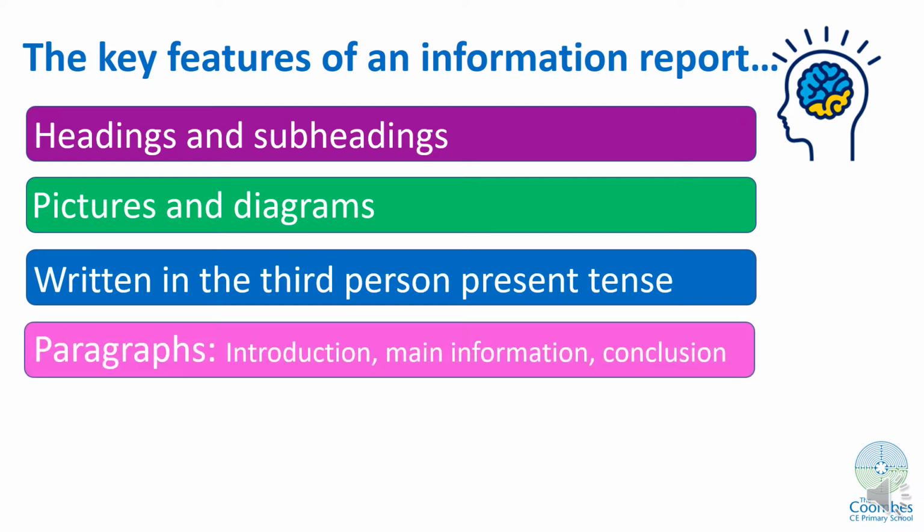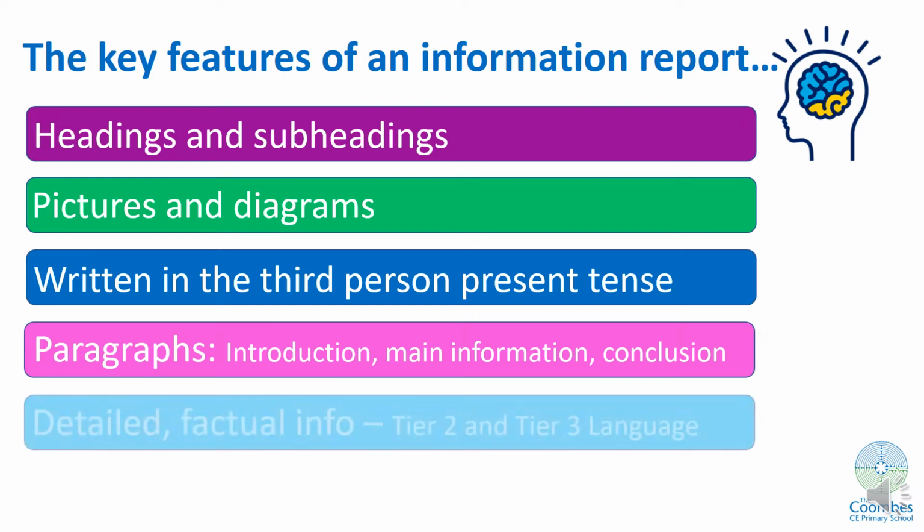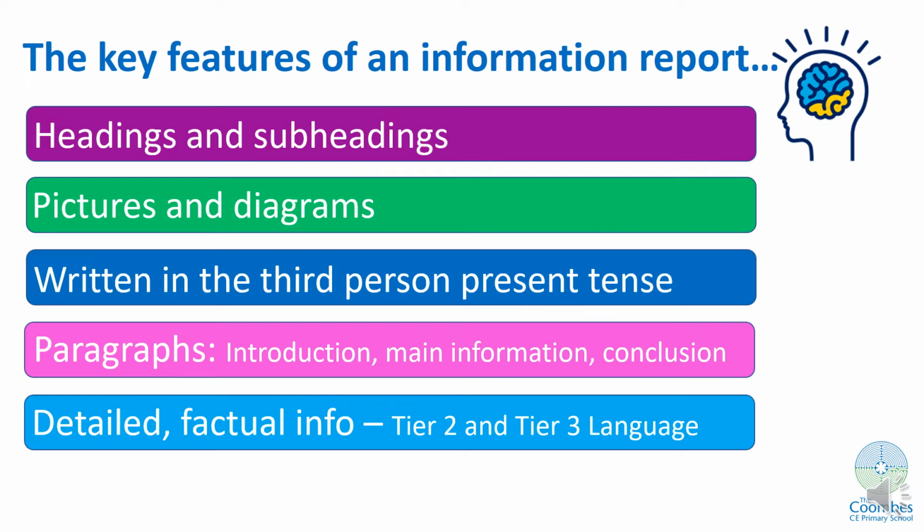They will be organised into paragraphs. The information will be organised into paragraphs. There will be an introduction, there will be the main body of information, there may be several paragraphs about that, and then there will also be a concluding paragraph. Non-chronological reports, information reports, include detailed and factual information.